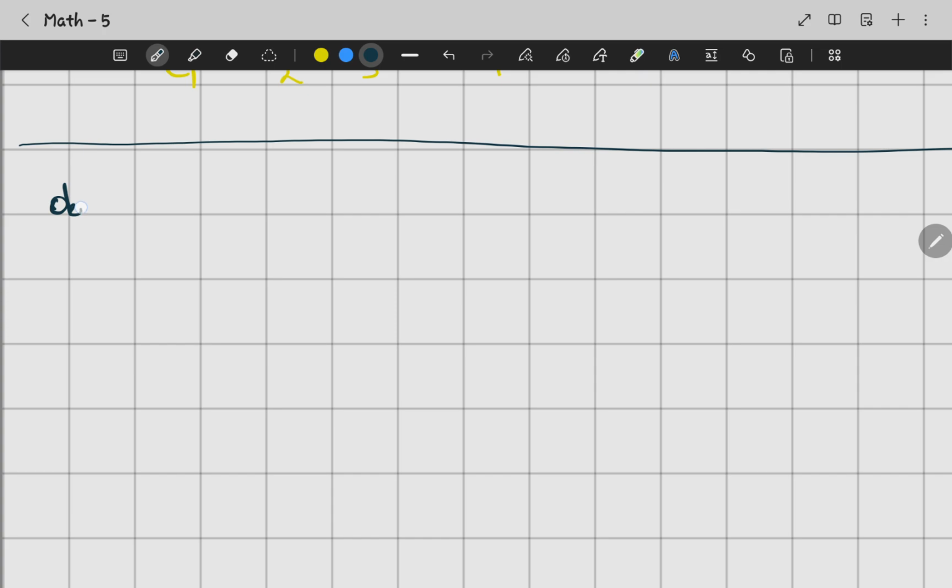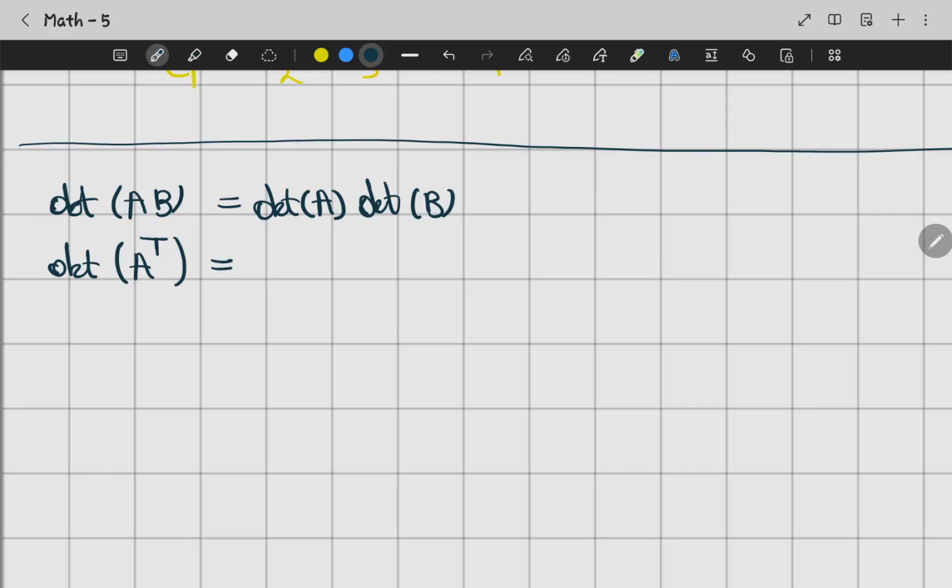And since we already know that the determinant of A times B matrices is equal to the determinant of A times the determinant of B. Okay, we already know this formula. And then the determinant of A transpose will be equal to the determinant of A. We know these two formulas, and there's one more.